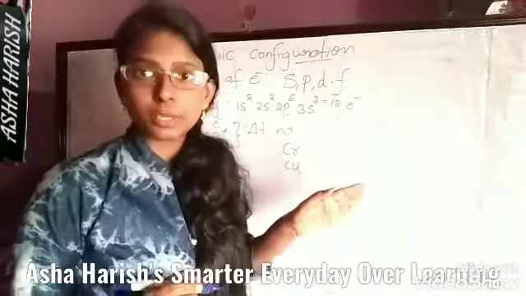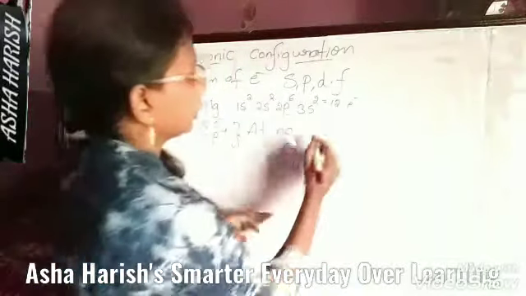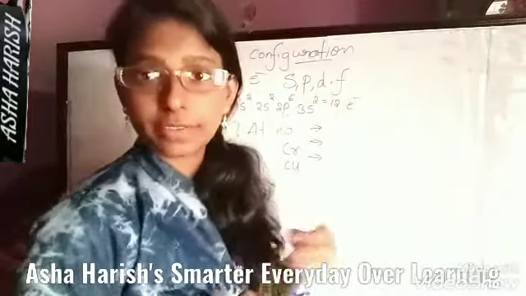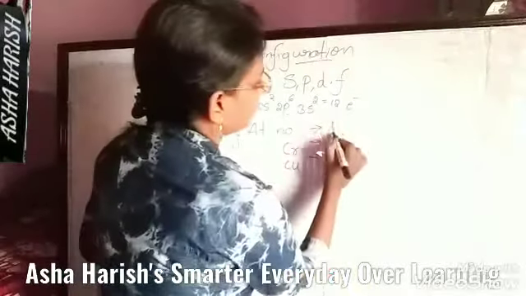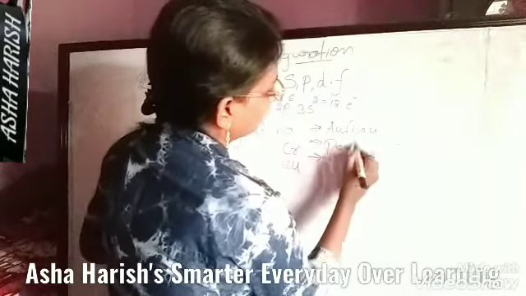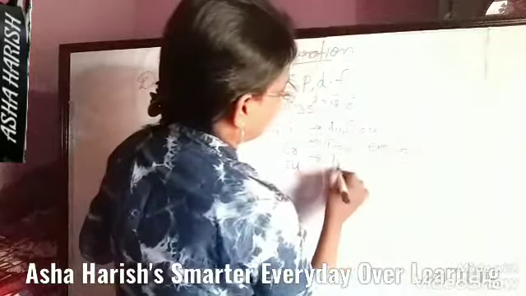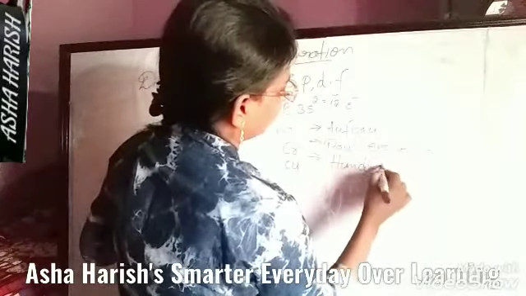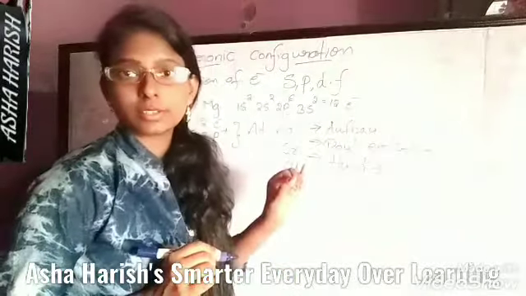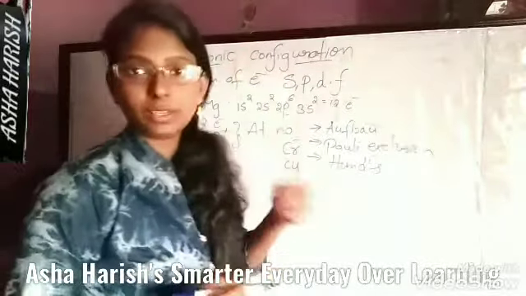These two elements do not show the electronic configuration according to the three rules that I explained in our previous class: the Aufbau principle, the Pauli exclusion principle, and the last one, Hund's rule. So these are the exceptional characteristics of a configuration, chromium and copper. How will it be? Let us see.